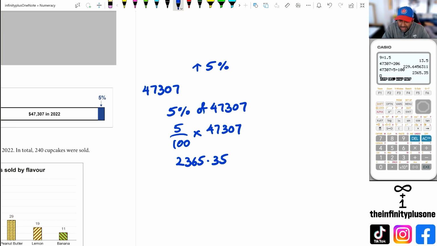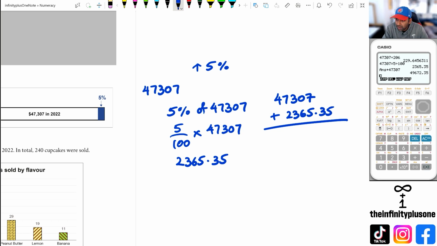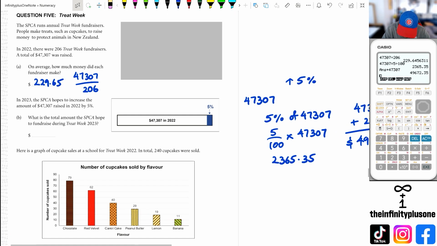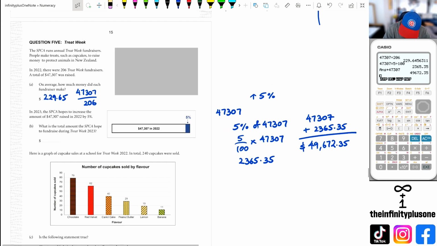Now I want to increase the amount by this, so I'm going to do 47,307 plus 2,365.35, which gives me an answer of $49,672.35. So this is pretty much the answer for question B.